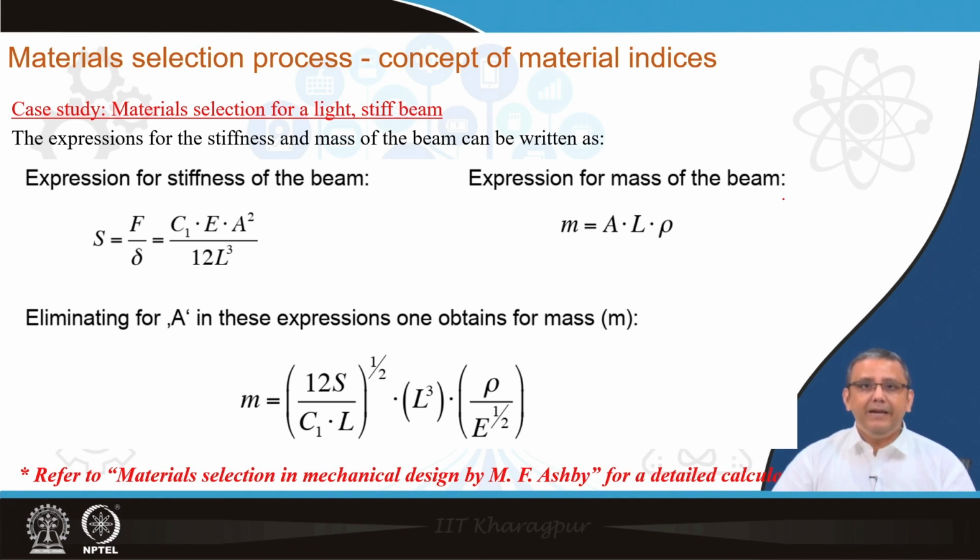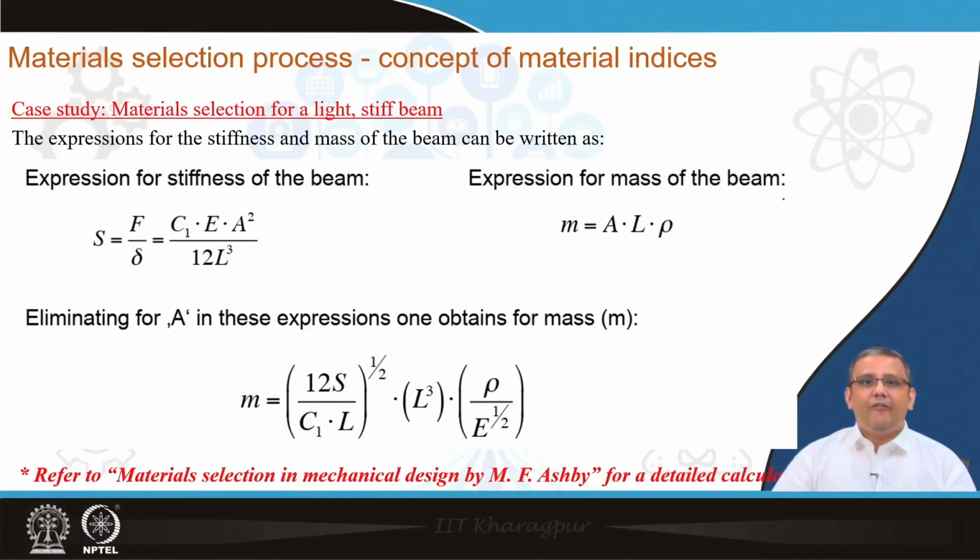And now, if you just replace A from both the equations, you end up with the expression for M, where the terms in the first bracket are already constant, because the stiffness of the beam is already given, the length of the beam is also constant, and the third part, in the bracket, rho over E to the power half, is actually called a material index.